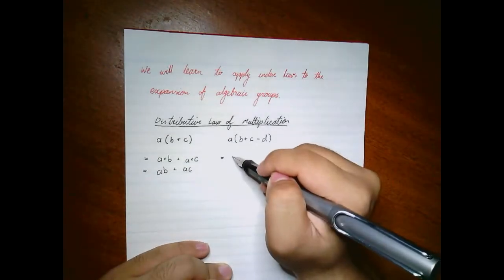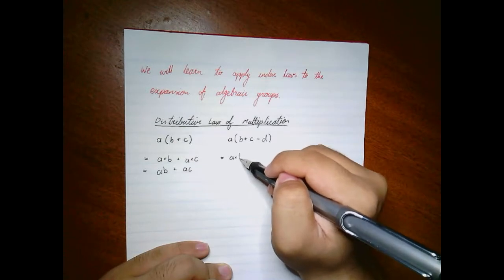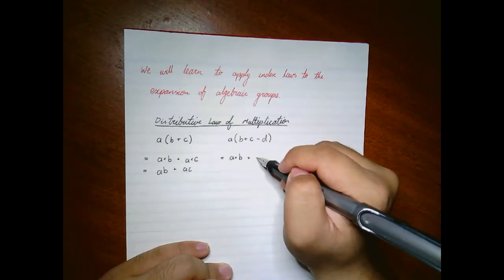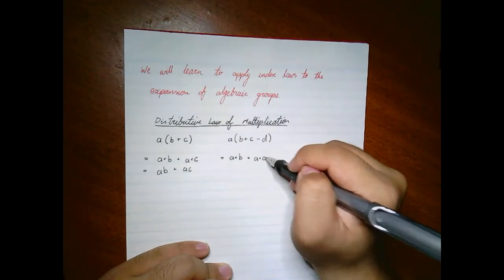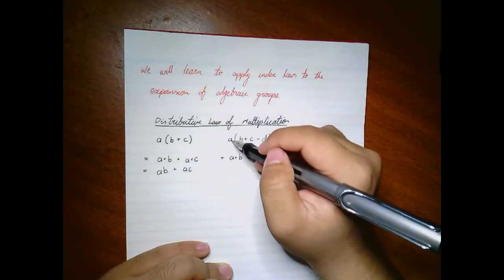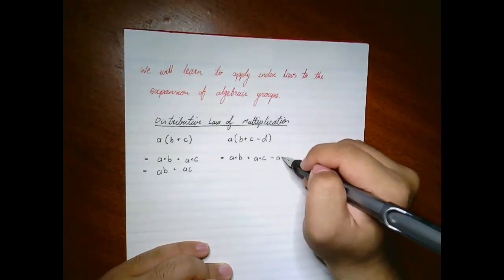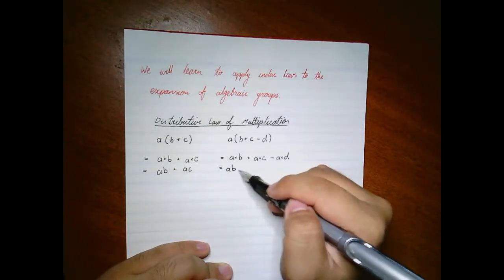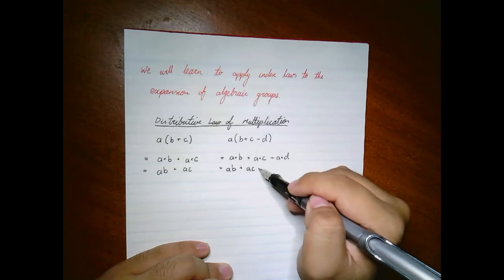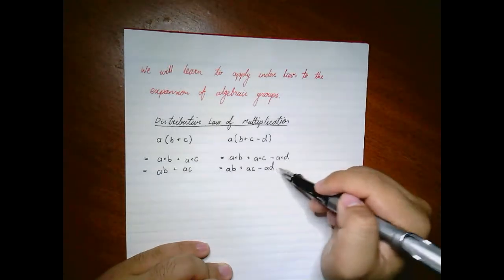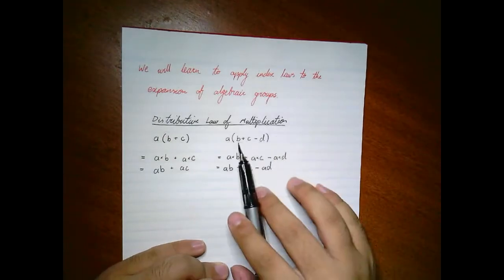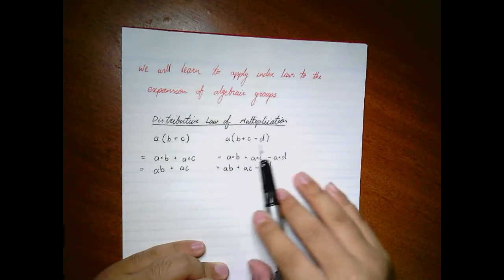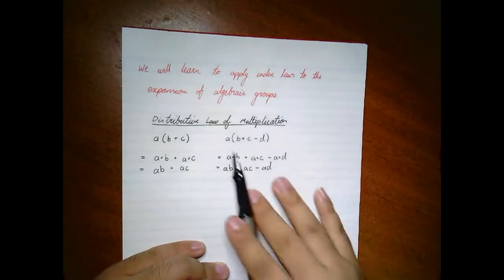So it's going to become A times B plus A times C minus A times D. So this will become AB plus AC minus AD. And even if we had B, C, D, E, F, G, it just multiplies to each one individually.